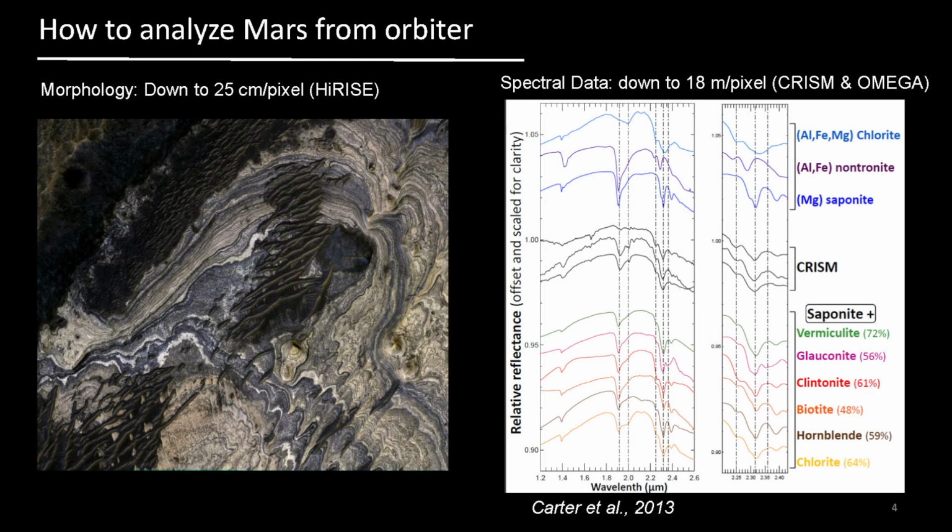So how to analyze Mars from our orbiter? To the left is a high-res image, 25 centimeters a pixel. You can see layers. These are sedimentary layers, and there are tons of wonderful images of Mars now with such a resolution that really help us to investigate the surface in many different regions that are of interest, especially in equatorial regions where we can look at river flows, at lake deposits, at any rocks of interest.